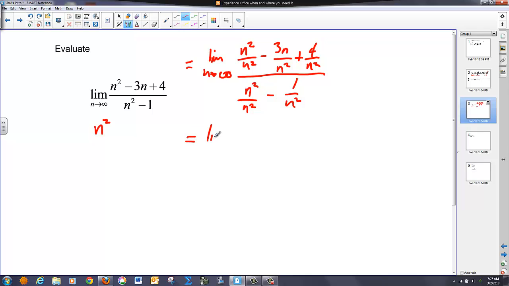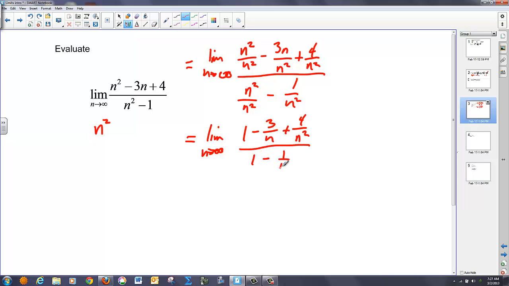So we'll find the limit as n goes to infinity of 1 minus 3 over n plus 4 over n squared over 1 minus 1 over n squared. When I pop infinity into all of this, so I'm taking the limit as n goes to infinity as the value of the input goes to a big number, what's the value of the output?